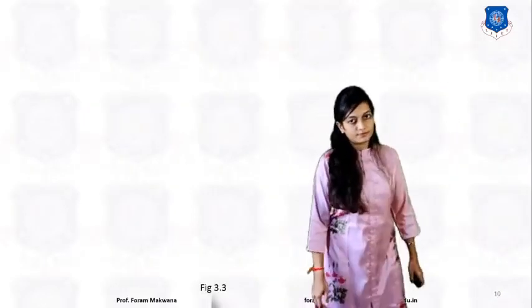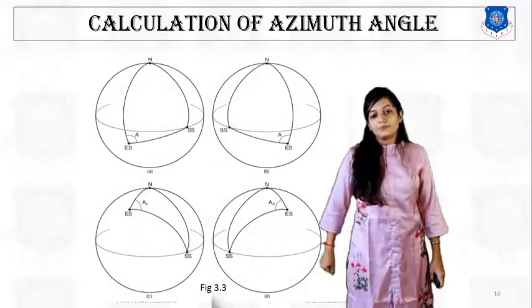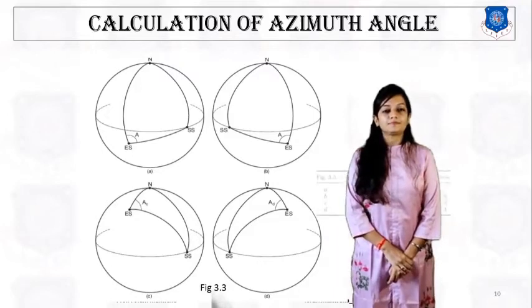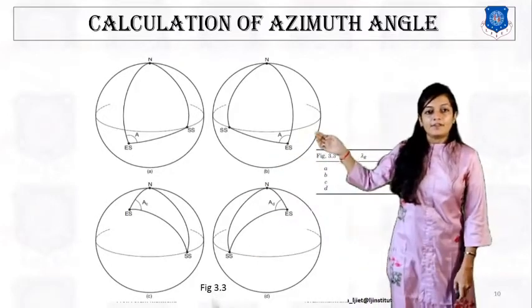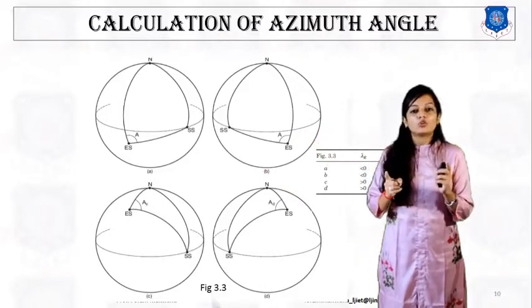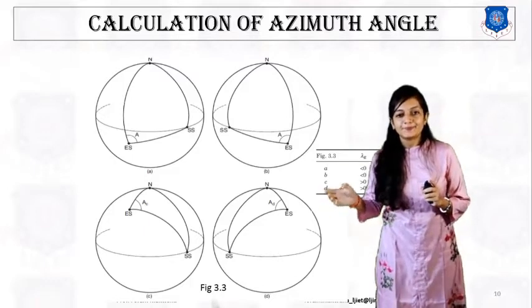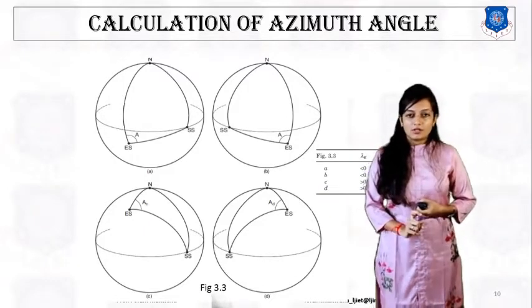Alright. Now, how to calculate the azimuth angle? From these 4 diagrams, we are able to estimate the value of azimuth angle based on the location of my satellite and location of my Earth station.